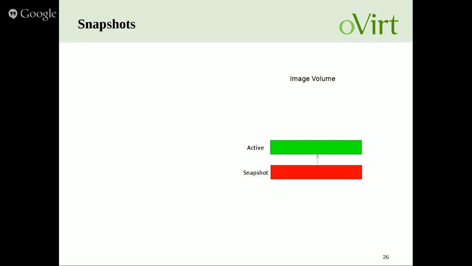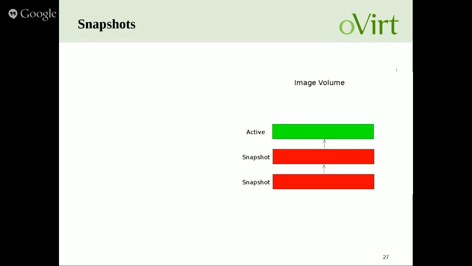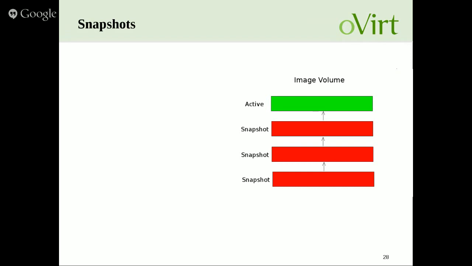When we created a snapshot, we added a new volume through VDSM, and we told the VM, this is the new volume that you should write on. The previous volume becomes the snapshot, and becomes read-only. And as we create new snapshots, every time the active volume is updated with the last volume that was created.